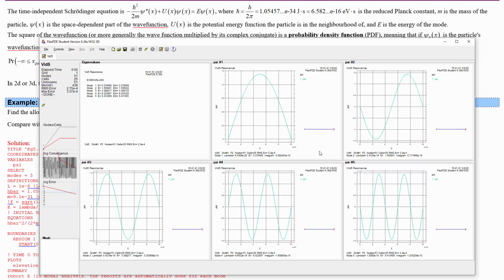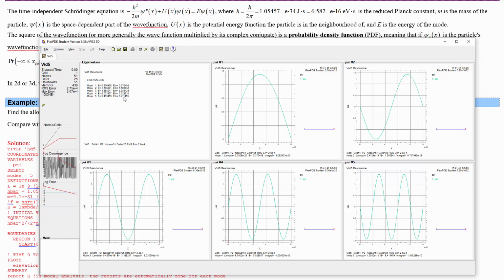If it moves across the potential in a direction that would increase its kinetic energy, which for an electron would be that it moves from a lower potential to a higher potential, then it gets more kinetic energy. Okay, so now we've expressed these energies in electron volts. So this is starting from 0.37 and then 1.5, 3.38, 6, and 9.41 are the energies in electron volts of these various states of the electron in this potential well.